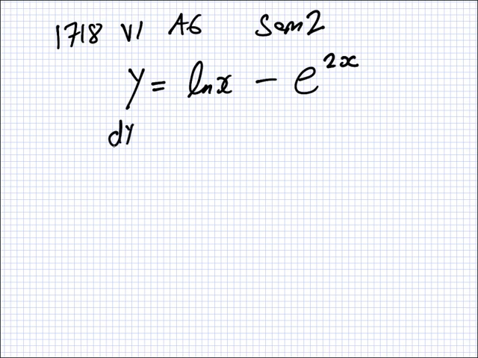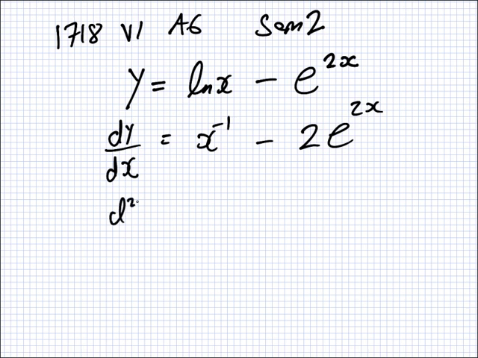Yeah, but dy/dx equals 1 over x minus 2e^(2x). Okay. Second derivative: minus 1 over x squared minus 4e^(2x). Then you just sub in 0.3 and what do you get?